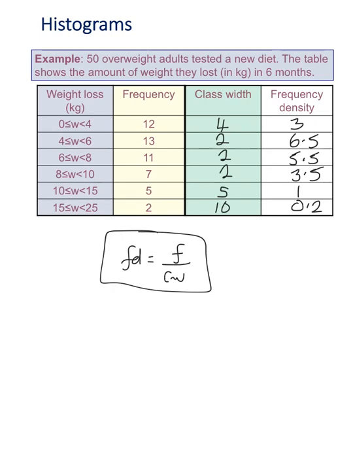For the class width, you would label your class width. You could go up in 2s, so 2, 4, 6, 8, 10, 12, 14 and so on, and I would then have that maybe going up to 6.5. You could go up in 1s using your graph paper.